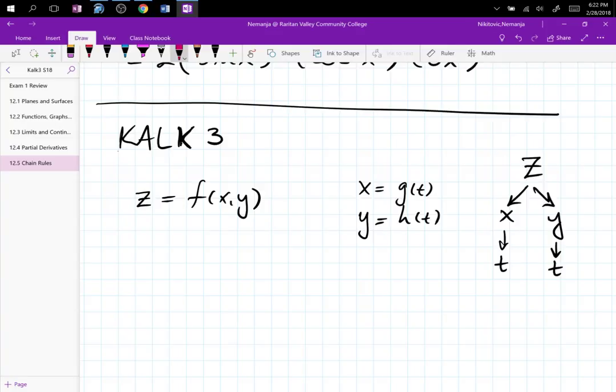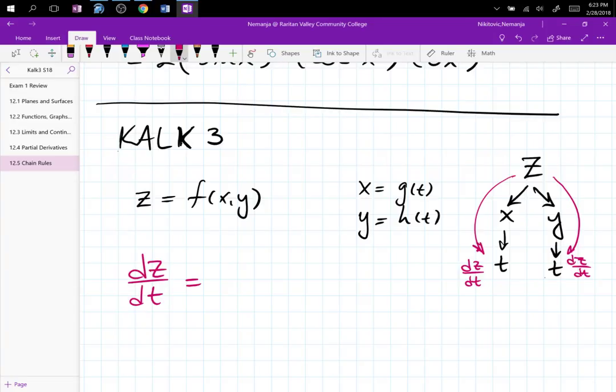So let me find the derivative of z with respect to t. As I'm looking at this, clearly I have to get all the way here to have dz/dt. But then also if I go the other way, I will have dz/dt at the end. Okay, that's fine. But see, the trick is that I have to go through x and I have to go through y.